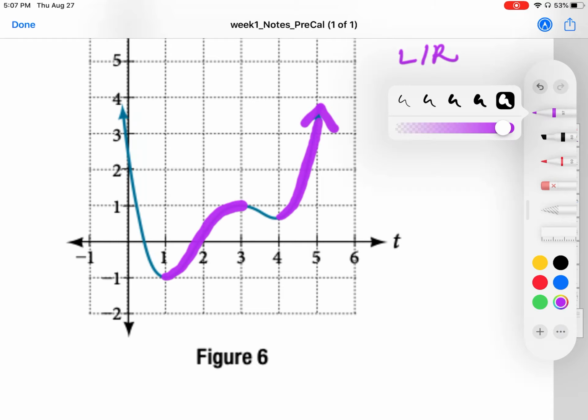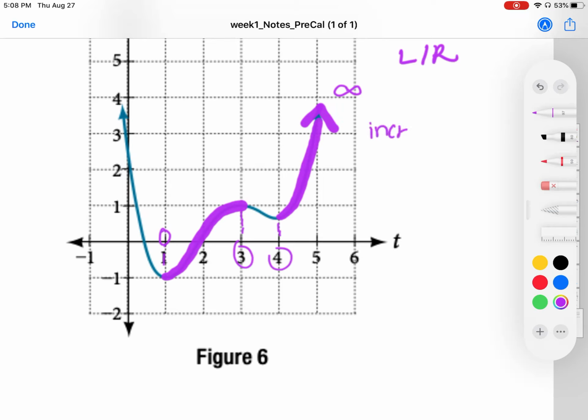So they are increasing from 1 to 3, and again from 4 to infinity. These are the values from which they're increasing. Remember, it always attaches to your x values because that describes our function. Those are the values for which our graph is increasing.